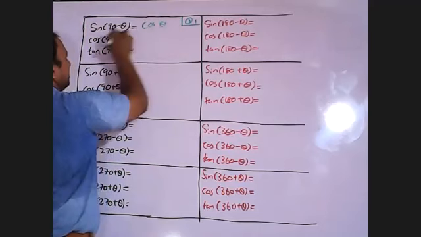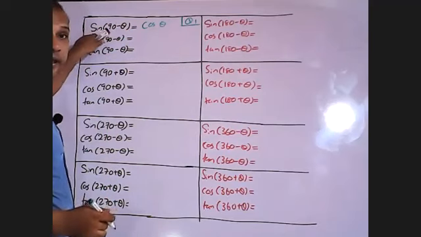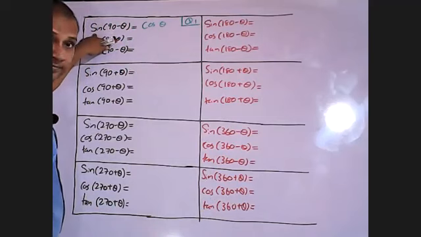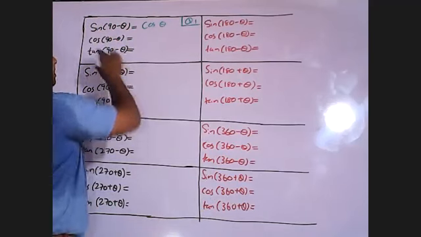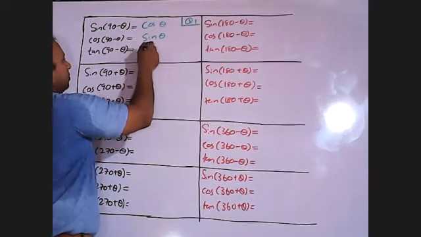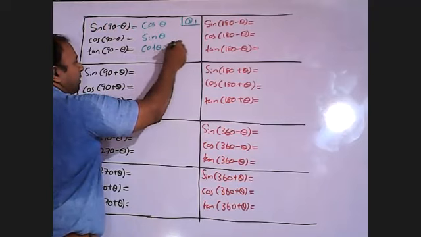Cos theta, because this is an odd multiplication, therefore sine should be converted into cos, cos into sine, tan into cot. Cot theta or 1 over tan.